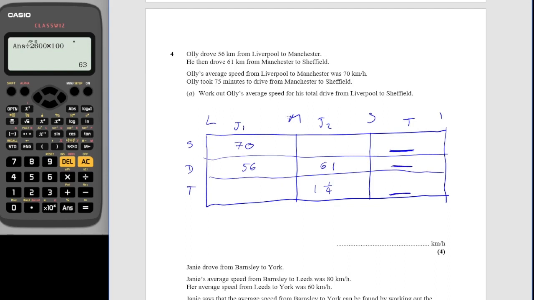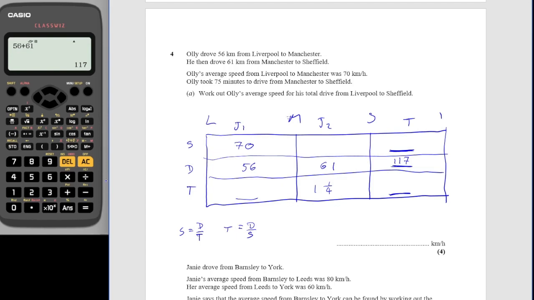This is just 56 plus 61, so that's going to be 117. But we need to work out this to work out the time for this journey. Speed is equal to distance divided by time, so time is going to be equal to distance divided by speed.